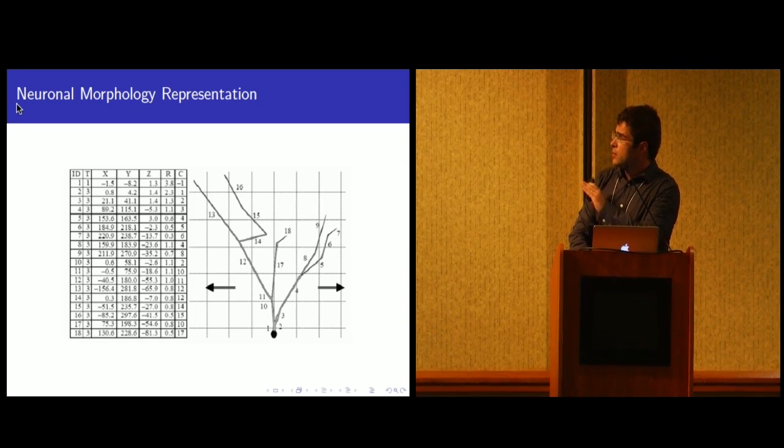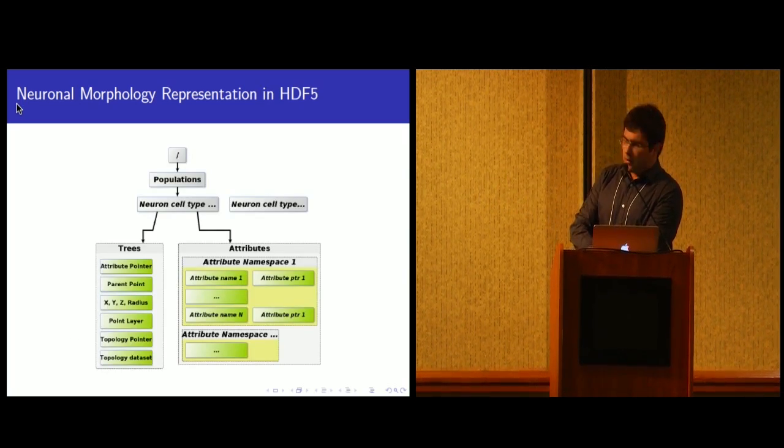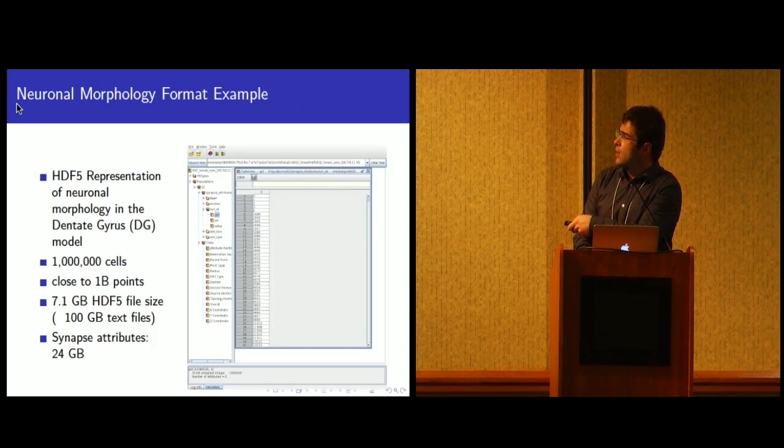And finally, even though this wasn't in the original proposal, we also implemented a representation for the meshes that represent neuronal morphology. These take the form of 3D points that are also connected by graph edges, topological edges, with a corresponding HDF structure, which has data sets for all the 3D points, and some pointer offsets that tell us where the points for each neuron ID start.